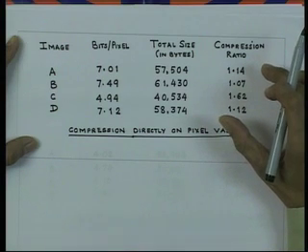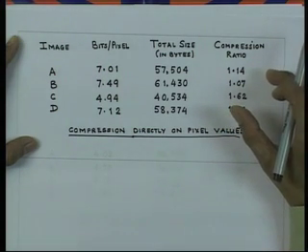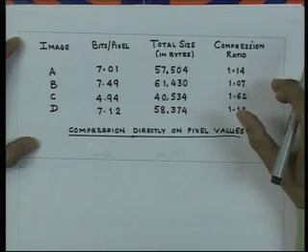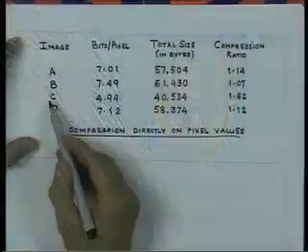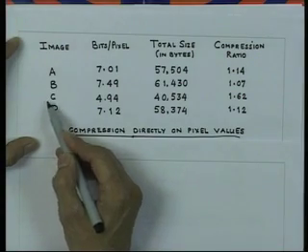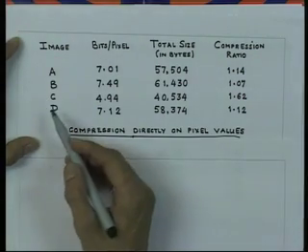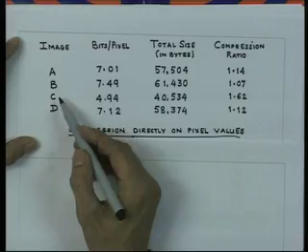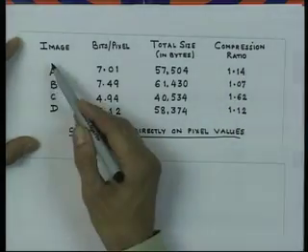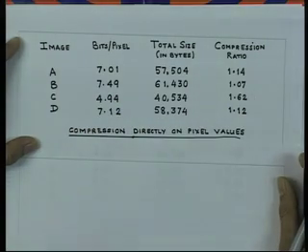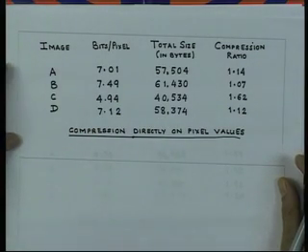The number of bytes in the compressed representation also includes the number of bytes needed to store the Huffman code. From this investigation, it appears that we got the best results for image C. This is always the case: the compression ratio is dependent upon the type of images which are considered.